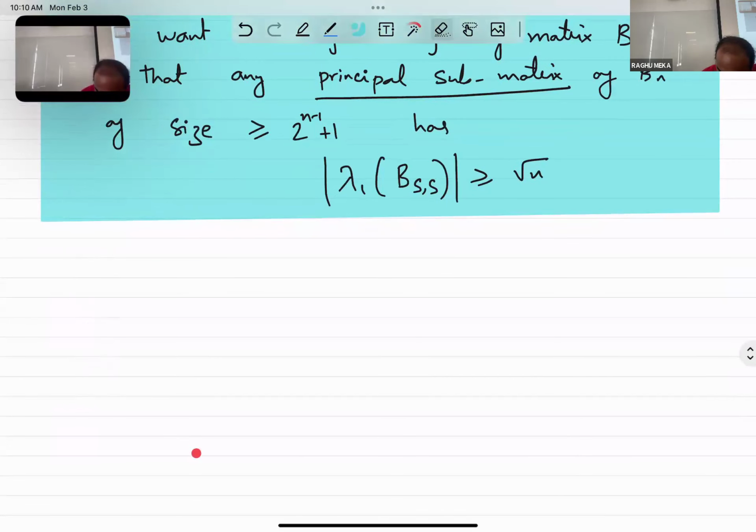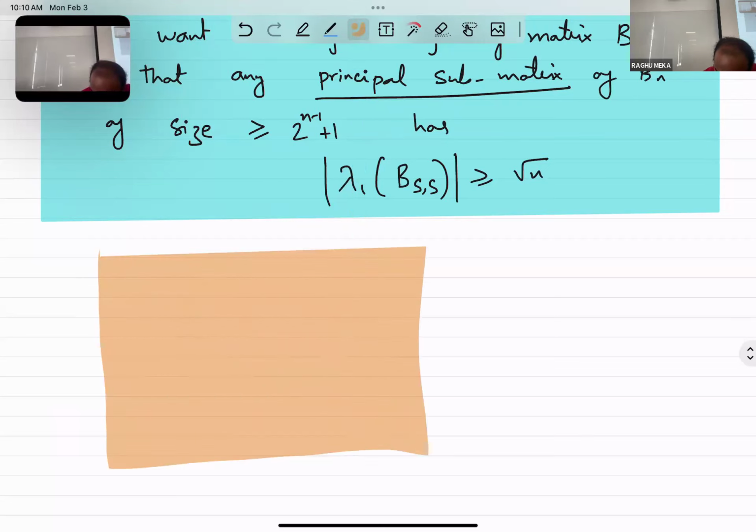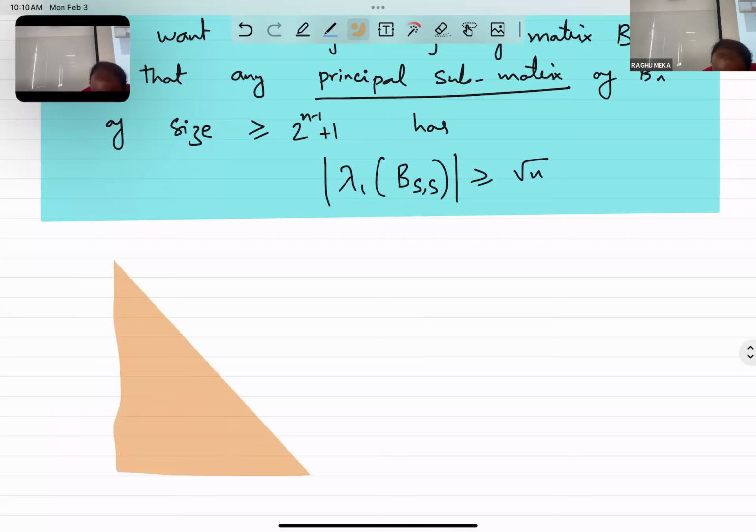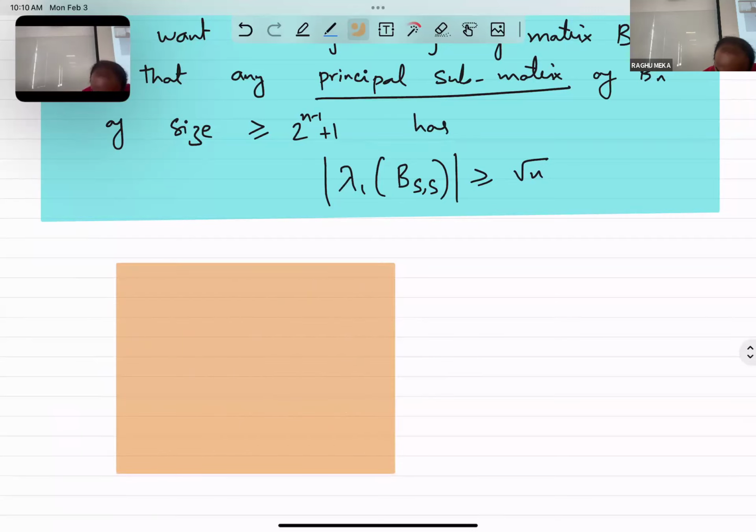Okay, so what is this saying? Let's say you pick some signing of your hypercube Hn.